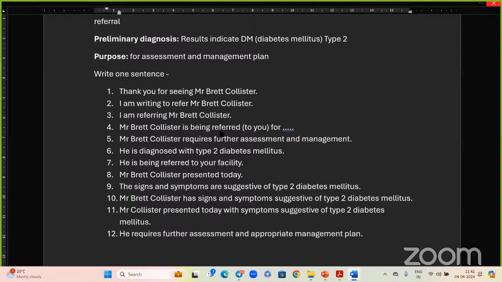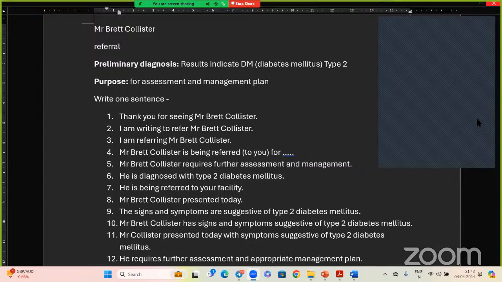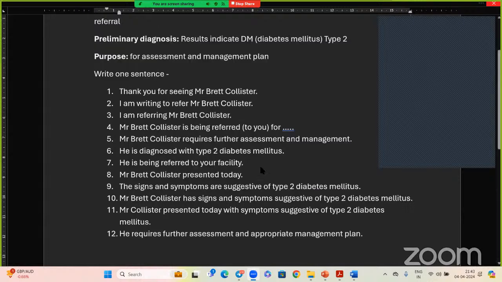Yeah. Then what are the other sentences? Everyone can write. No, different types of sentences. We are only bothered about sentences. We are not bothered about the introduction.